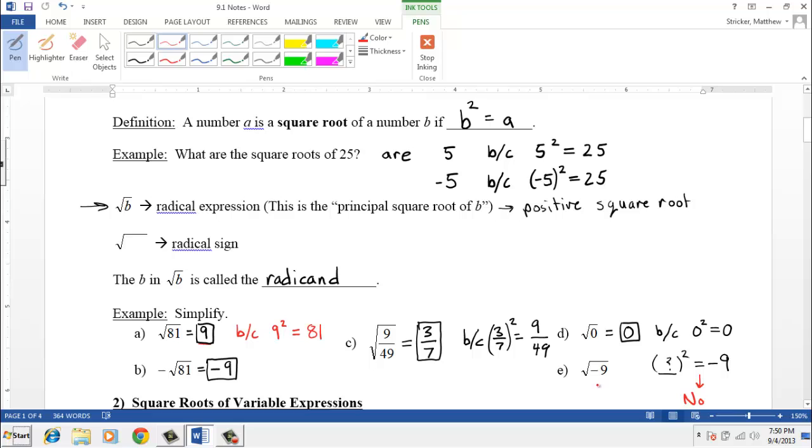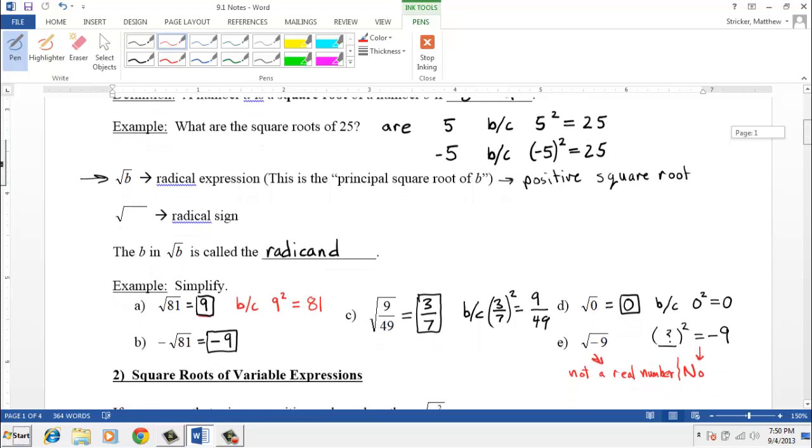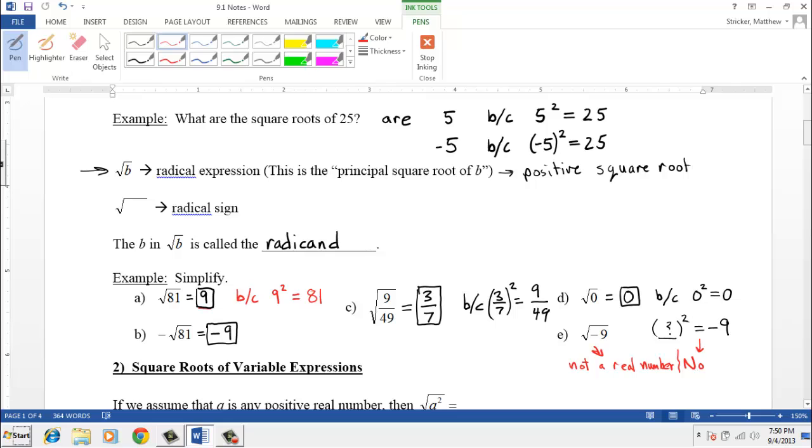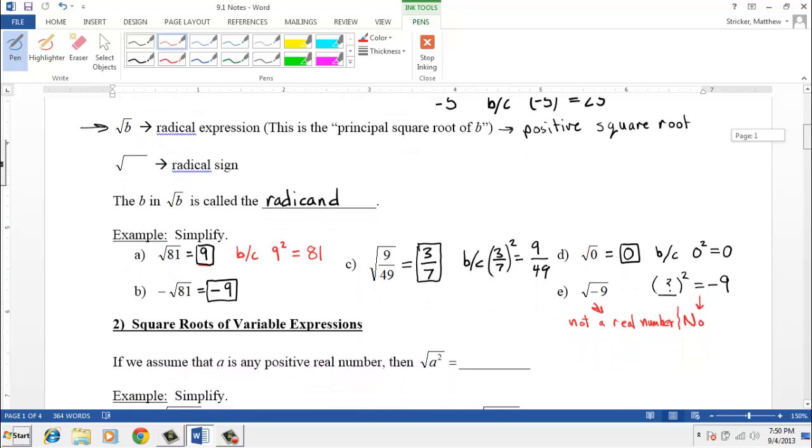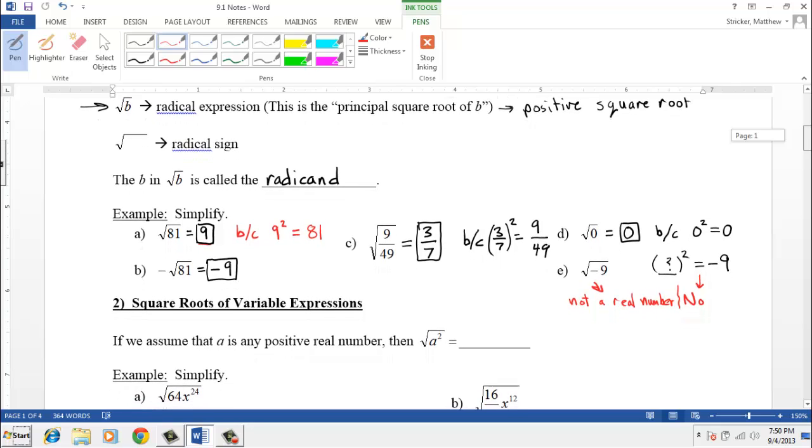So in this case, we would say that the square root of -9 is not a real number. At the end of this chapter, we will talk about what non-real numbers are. We call them imaginary numbers, but we're not quite ready to get there. So for now, we'll just say it's not real.